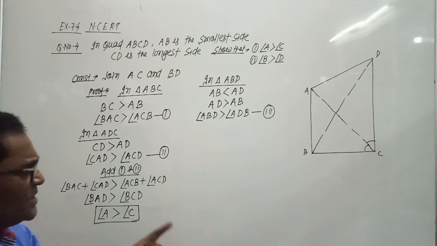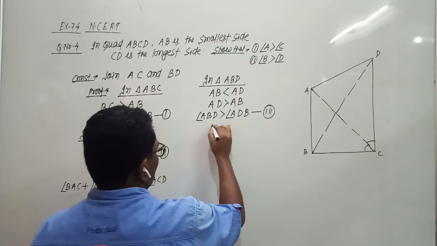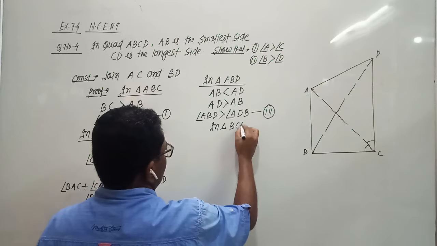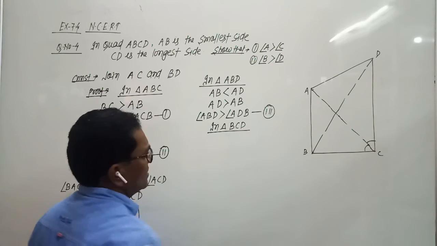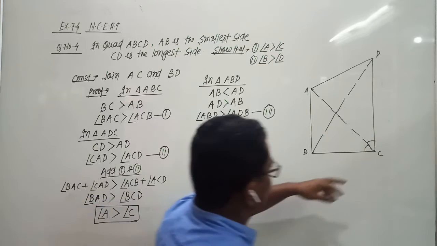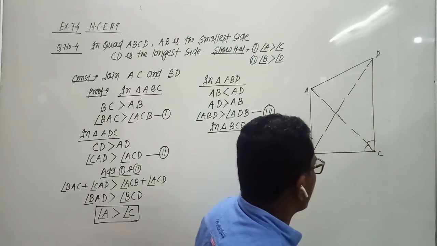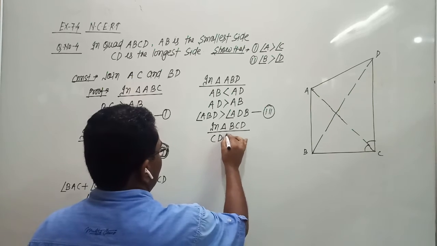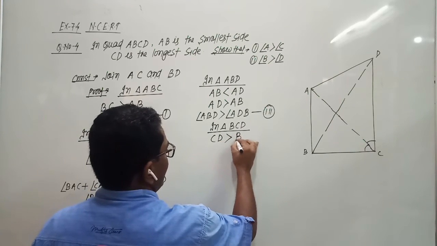Now in triangle BCD, we have given CD is the longest side. Therefore, we can write CD is greater than BC.